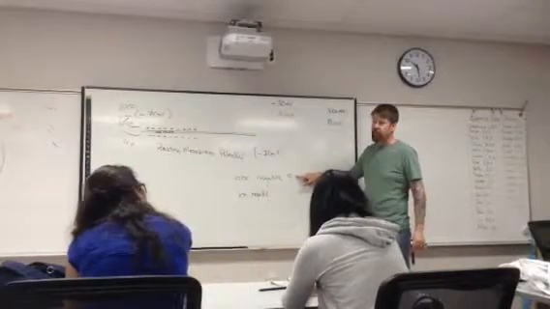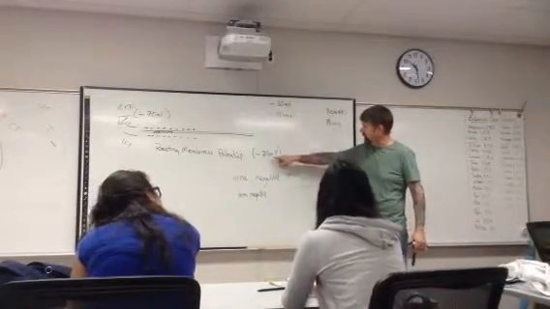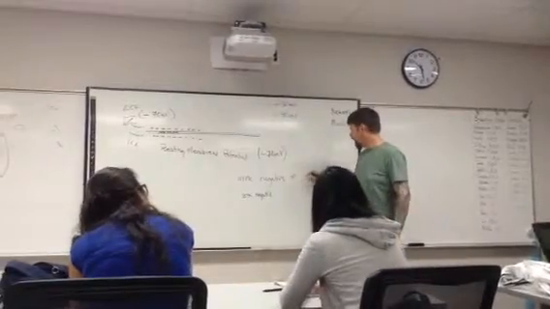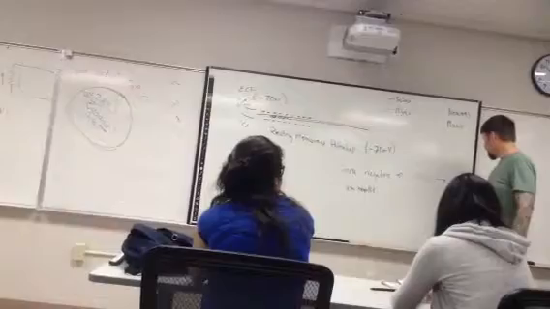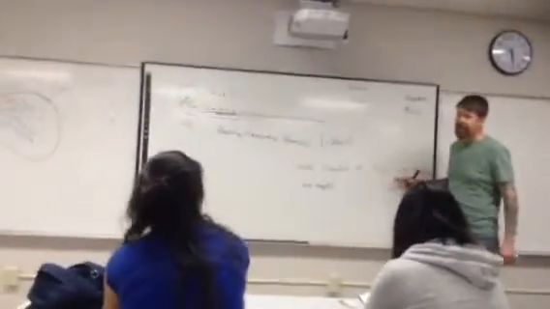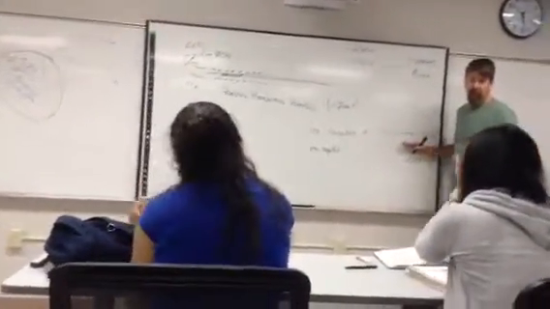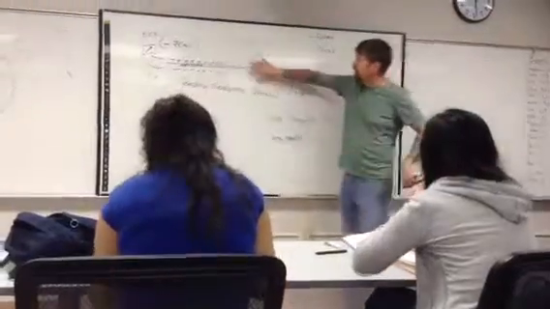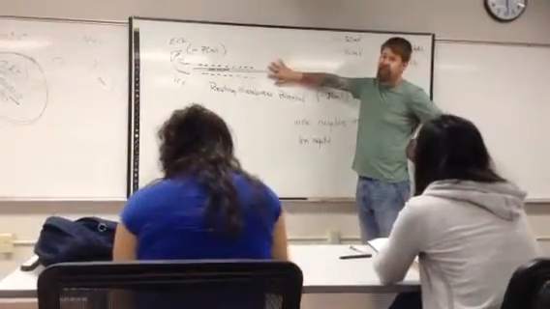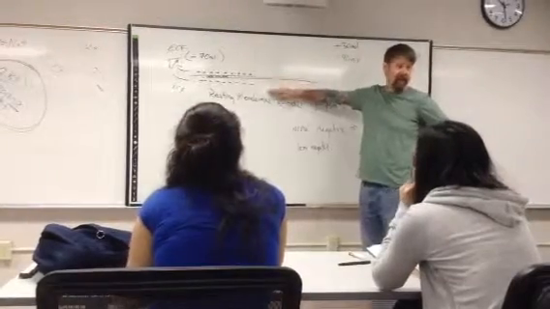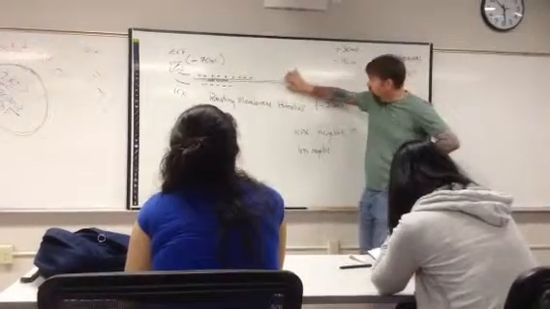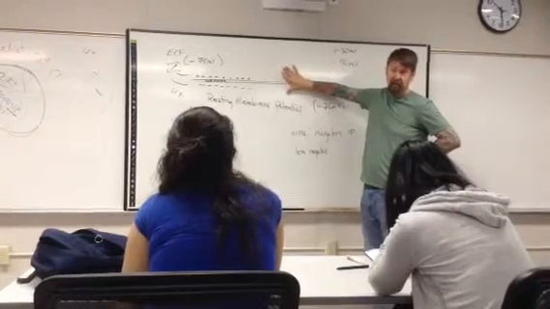If it becomes more negative, so if this number goes, let's say, from minus 70 millivolts to minus 85 millivolts, the inside got more negative, right? What's happening to the difference here? Is the difference getting greater or lesser? Greater, right? As the inside becomes more negative, we're making the difference between the two sides bigger.